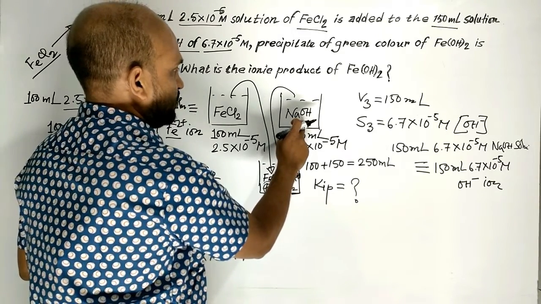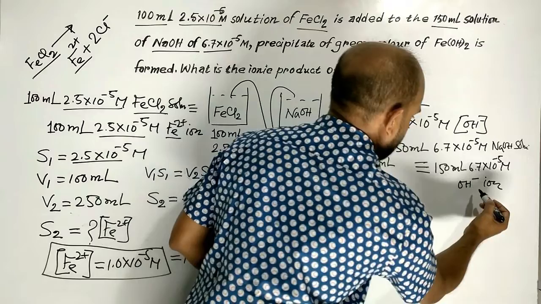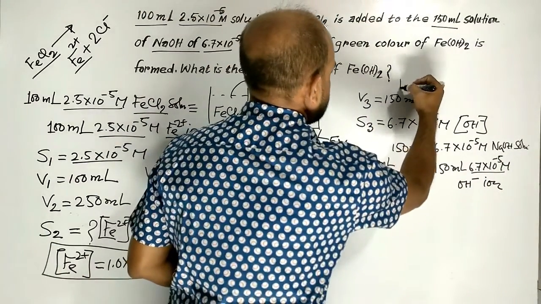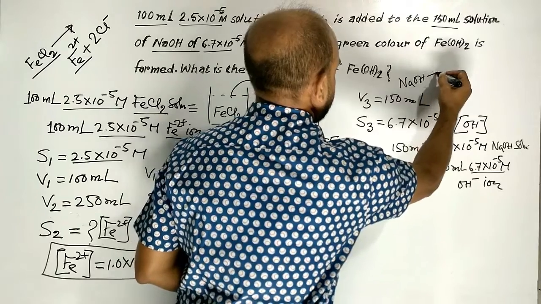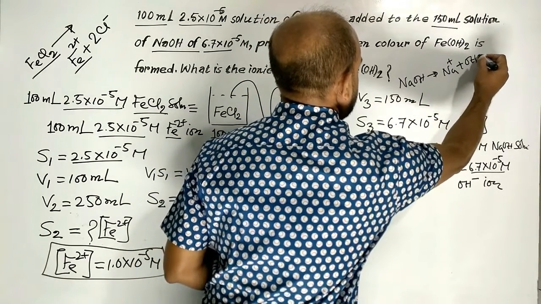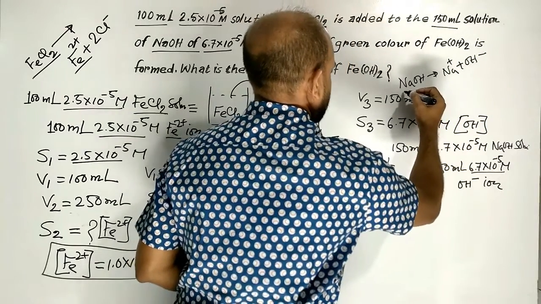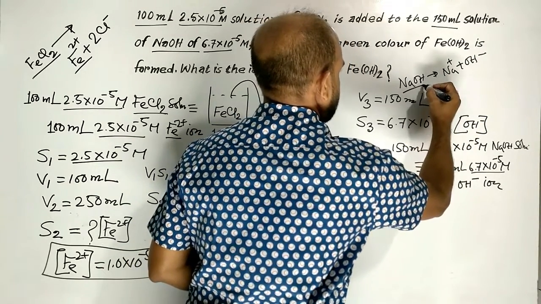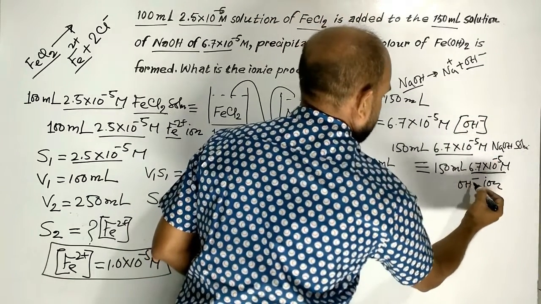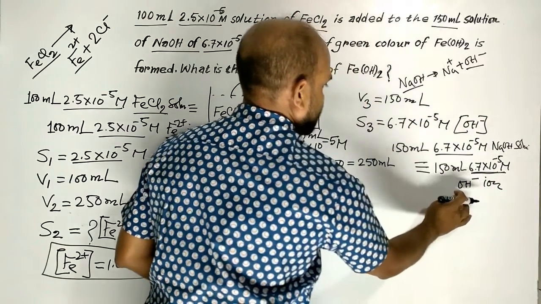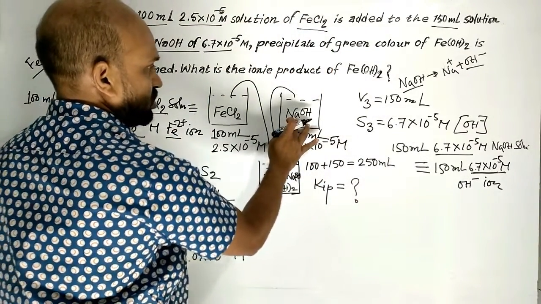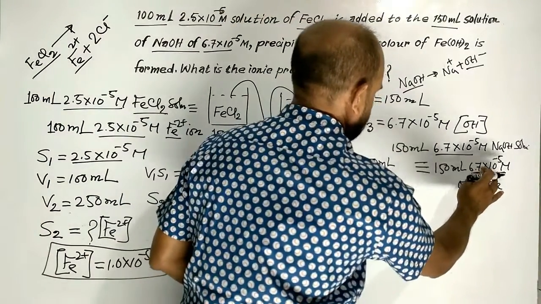Sodium hydroxide ionizes completely to form sodium ion and hydroxide ion. So one molecule gives one hydroxide ion.